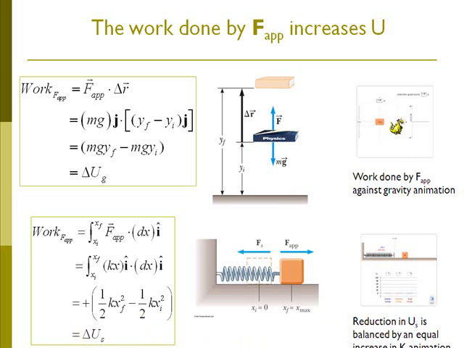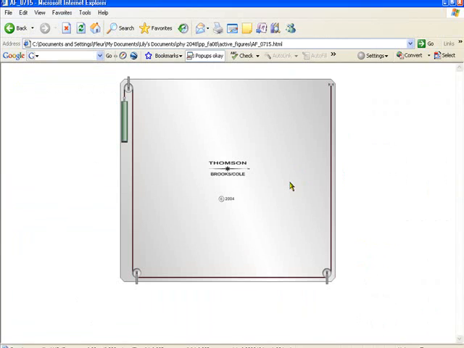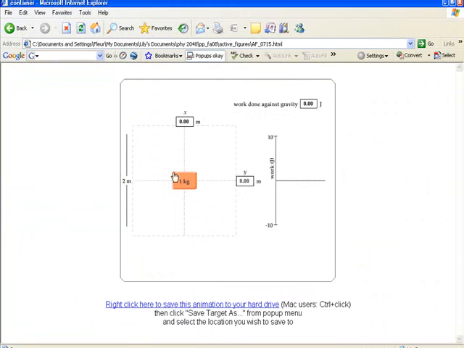We can view these brief animations to see how changes in the potential energy of an object subject to the force of gravity occur. And here our mass, which is the equivalent of our book, is 1 kilogram, and we can see that as we raise it up, there is an increase in gravitational potential energy because the work done by the applied force to balance out gravity is 7.84 joules.